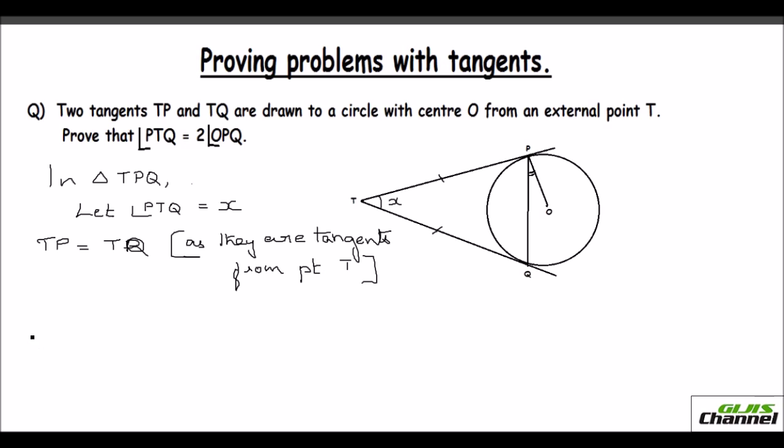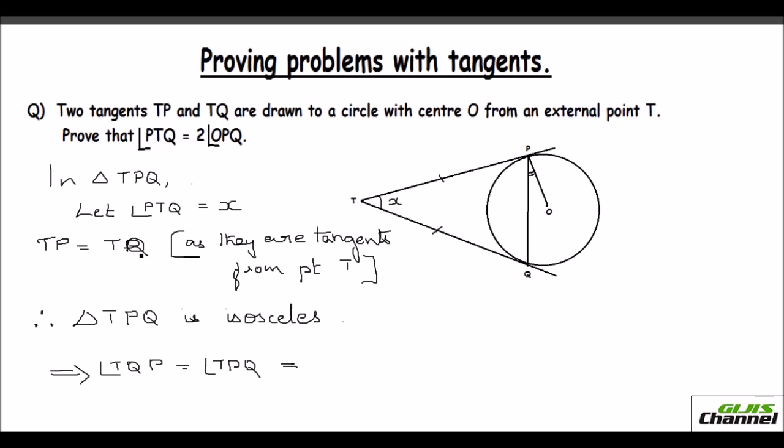So what can I conclude? Triangle TPQ is isosceles, and since it is isosceles, the base angles are the same. Angle TQP should be equal to angle TPQ.